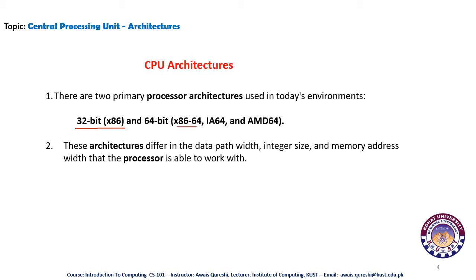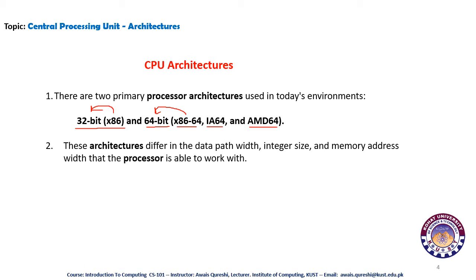You have seen this many times. So what does x86 mean? This means 32-bit architecture. And what does x86-64 mean? This means 64-bit architecture. We have other architectures like Itanium 64 and AMD 64. These two architectures are for Intel and AMD respectively.